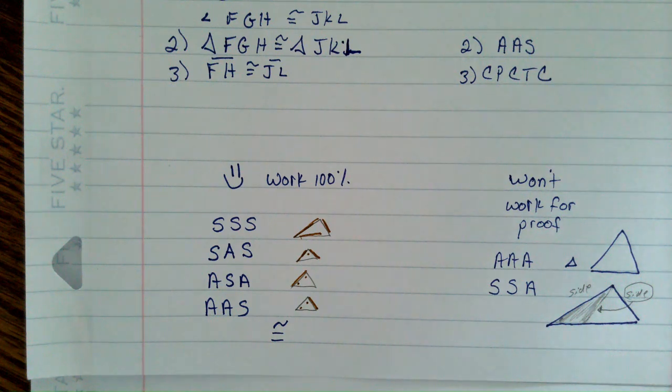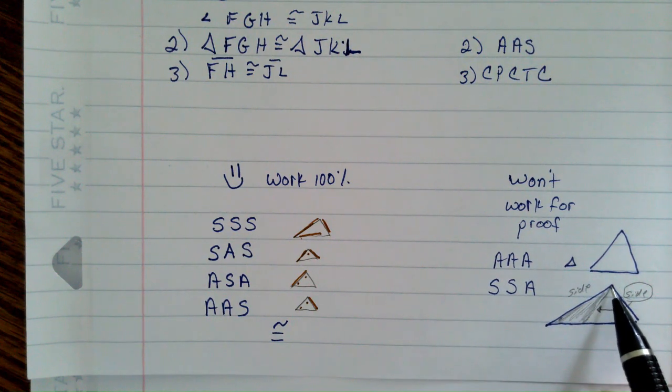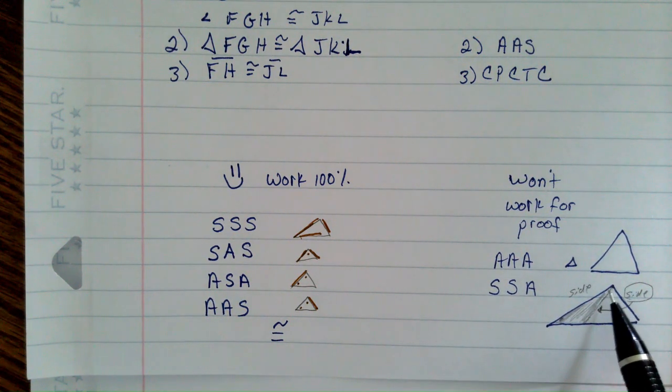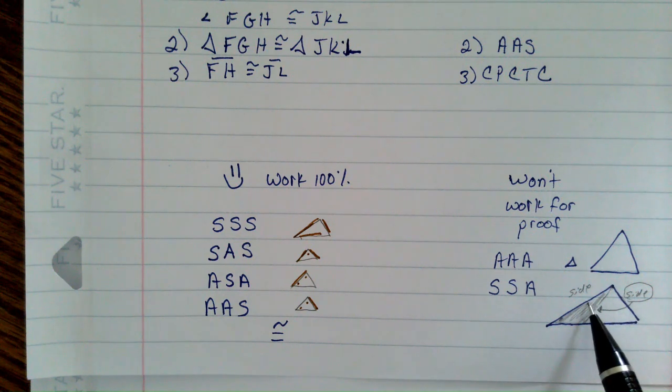So that's why side, side, angle is not definitive proof, because of the hinging at this vertex, if you swing it out versus swinging that side in, could have created two different triangles.